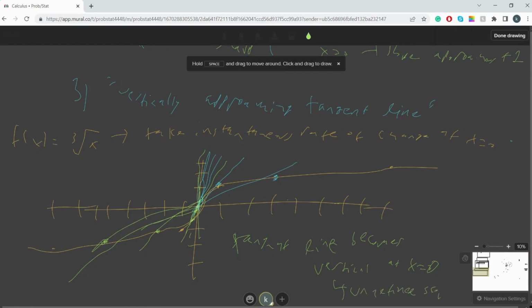So if the tangent line has an undefined slope in this case, then we don't really have a value for the instantaneous rate of change of f of x equals cube root of x at x equals 0. And hence, the derivative will be undefined for cases of vertically approaching tangent lines.